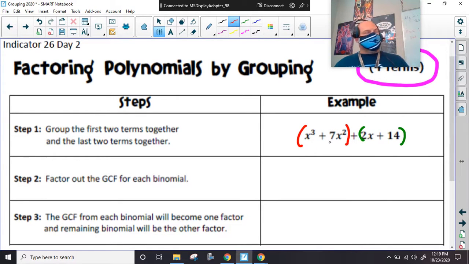In this first group, in the red parentheses, the GCF is x. In the second group, the GCF is 2. Actually, it should be x squared, not x. Sorry, missed that.